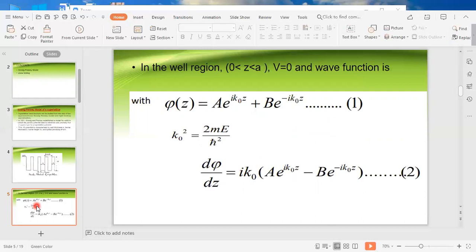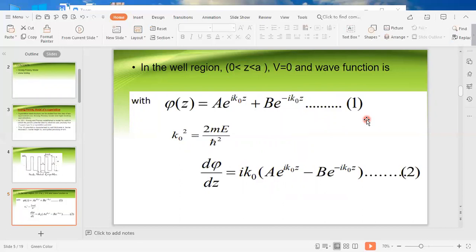In the well region, 0 less than z less than A, potential is 0, and the wave function can be represented as phi of z is equal to A e raised to i k naught z plus B e raised to minus i k naught z. This equation, equation number 1, is a solution to Schrodinger's wave equation for an electron in a 1D potential well, which we have already covered in the first module.